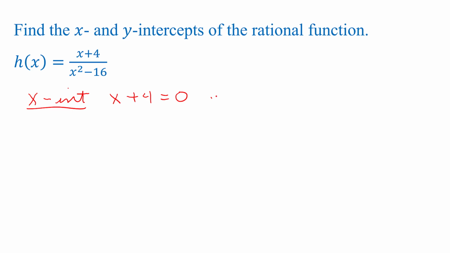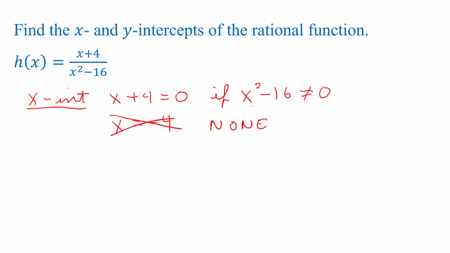And we need to double check that when that happens, the denominator is not also equal to 0, so that we do have a defined function. So what if x equals negative 4 then? Oh, that would cause that denominator to be equal to 0. So in this case, we're going to have no x-intercepts.